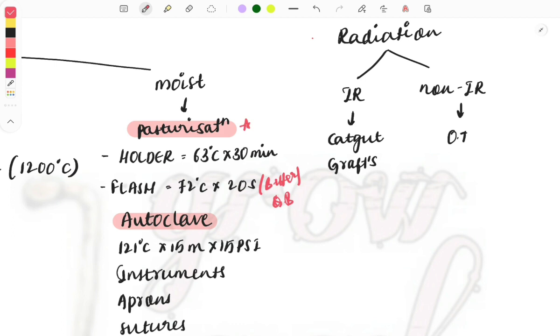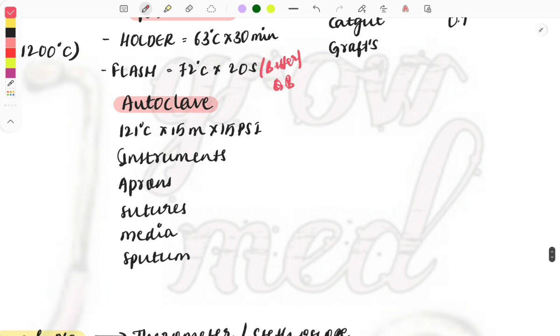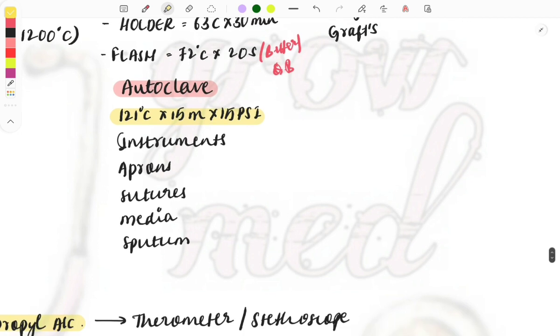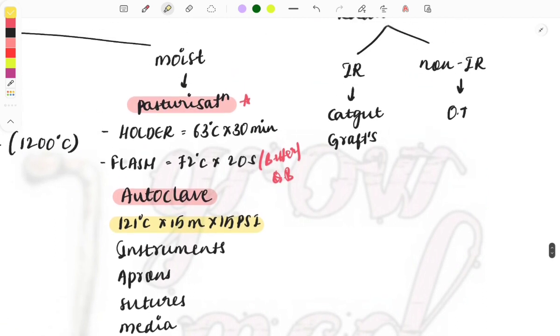So it will be done using the flash method. Then the autoclave: the temperature maintained is 121 degrees Celsius for 15 minutes under a pressure of 15 psi. Instruments, aprons, sutures, media and sputum are all sterilized using the autoclave.